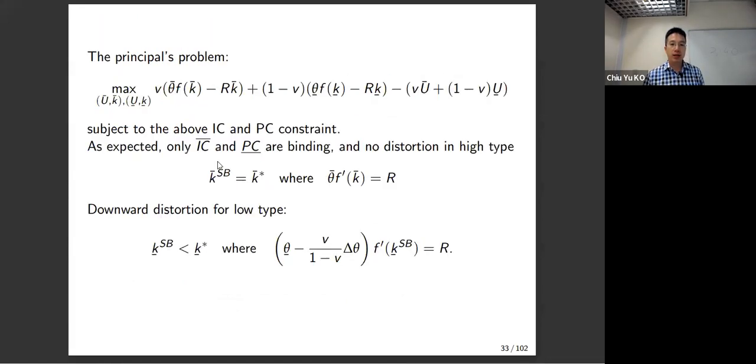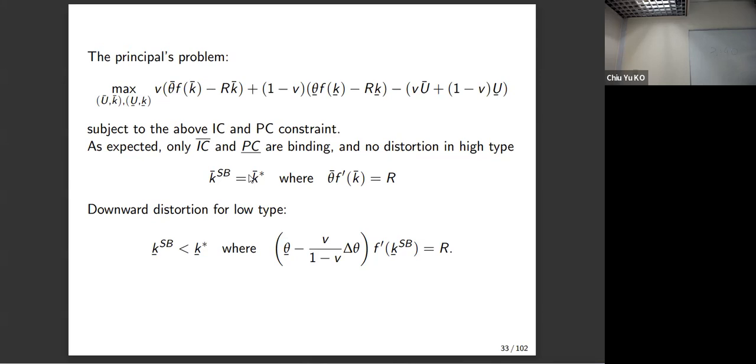At the end of the day, I will try to distort the interest rate such that the poor type would find the interest rate very expensive. So if you're a good firm in the credit market, you have no problem. When the firm is very small, there is something problematic there.